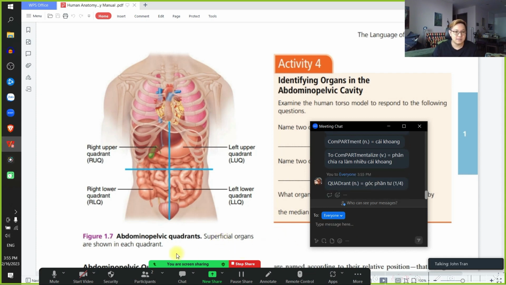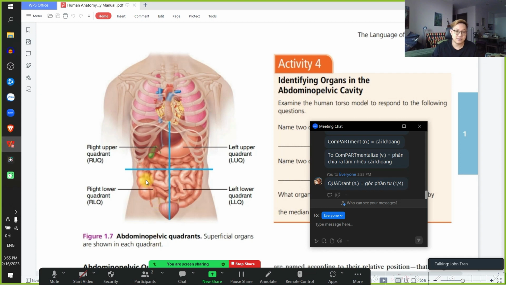So superficial organs are shown in each quadrant. Những cái cơ quan mà nó superficial, nó nổi lên được, nhìn thấy dễ dàng thì được show ra ở từng cái góc tư. Thì đương nhiên là mấy cơ quan nó chìm xuống, ví dụ như là cái thận á, đâu có để ra. What does it mean superficial organs are shown in each quadrant?